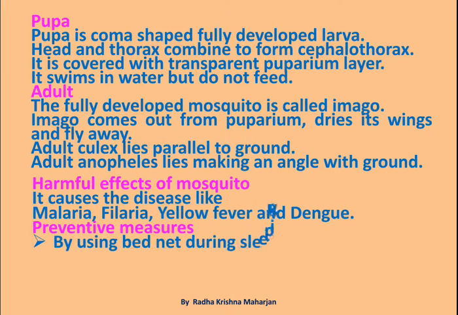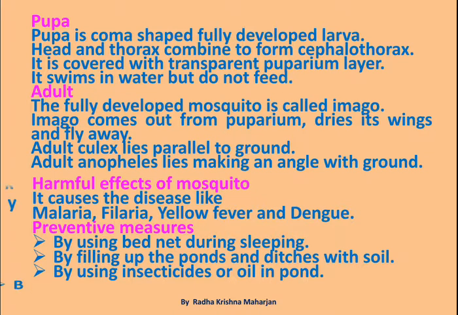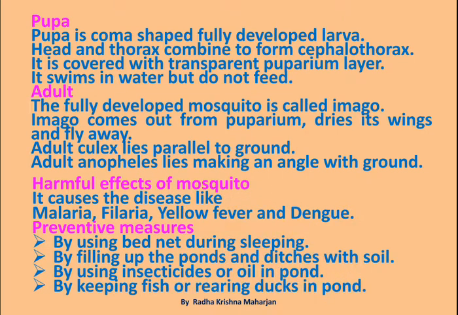By using bed net during sleeping. By filling up the ponds and ditches with soil. By using insecticides or oil in pond. By keeping fish or rearing ducks in pond.